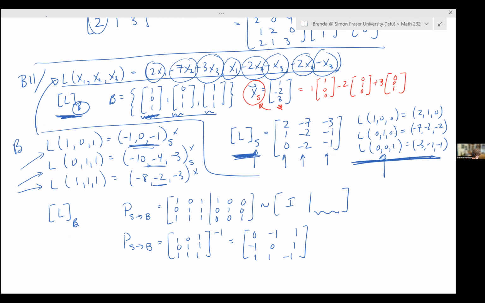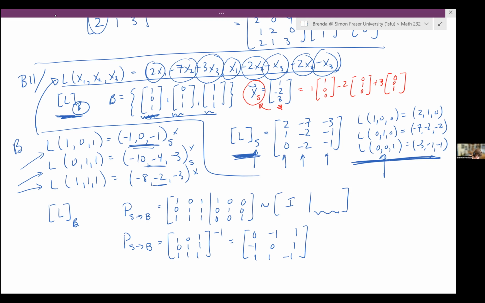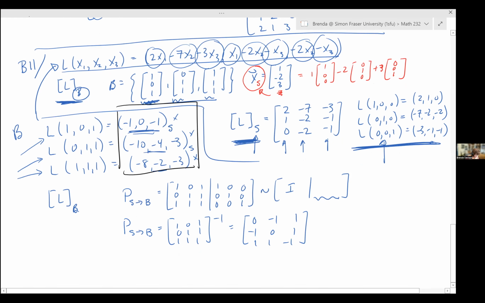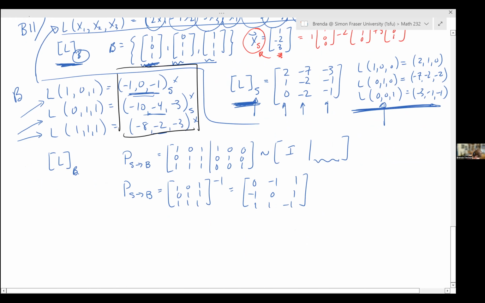Now, what I want to do is convert each one of these vectors here. I need to find the coordinates of each one of those vectors relative to B. And I simply do that by taking P, S to B and multiplying by each one of those vectors. That would be like minus 1, 0, minus 1 is the first one.